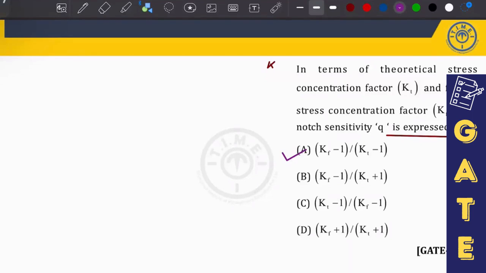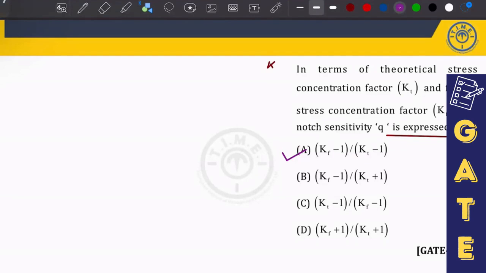Now, in case of static loading, the stress concentration factor is not that serious. Why? Because of local yielding. In case of a ductile material, if you see any kind of stress concentration, because of the ductile nature, the plastic deformation or local yielding, the stress value will be redistributed.